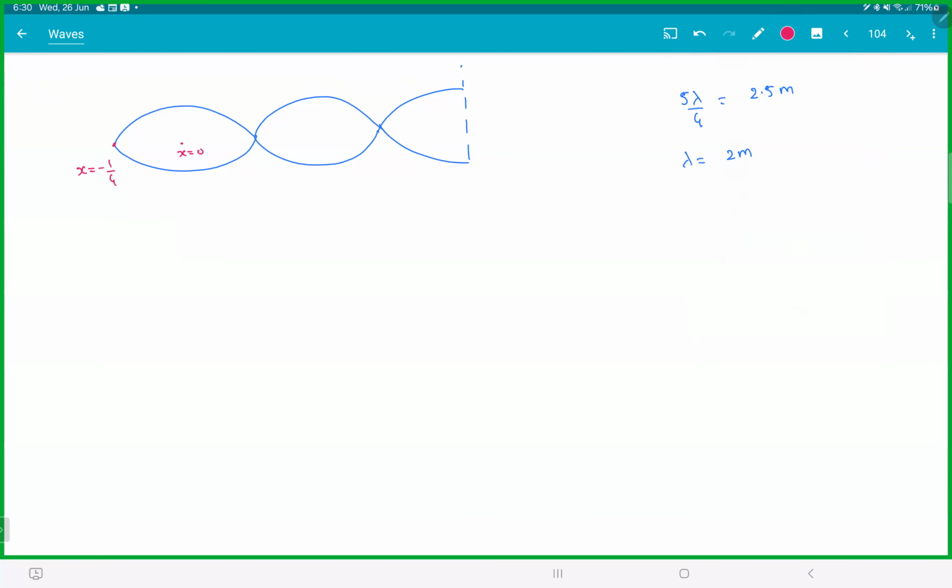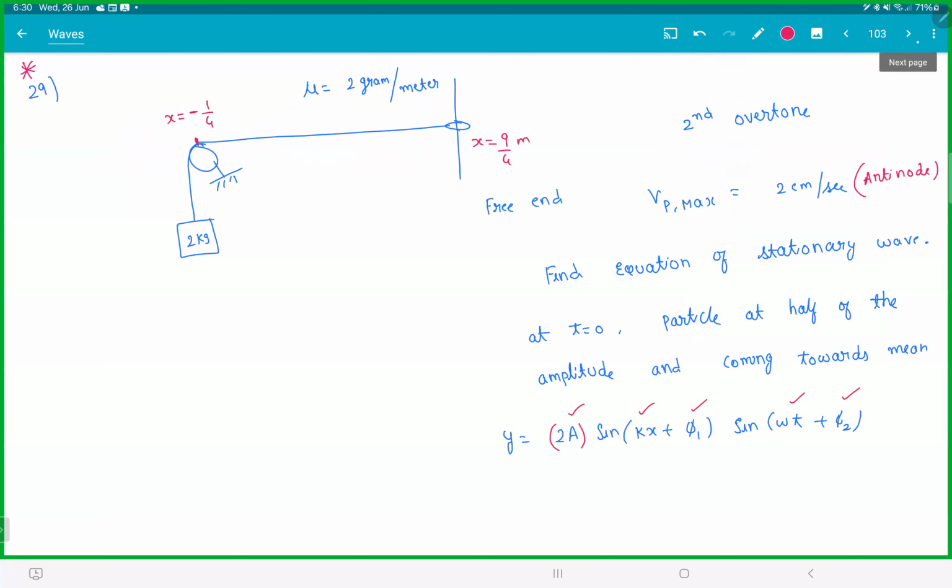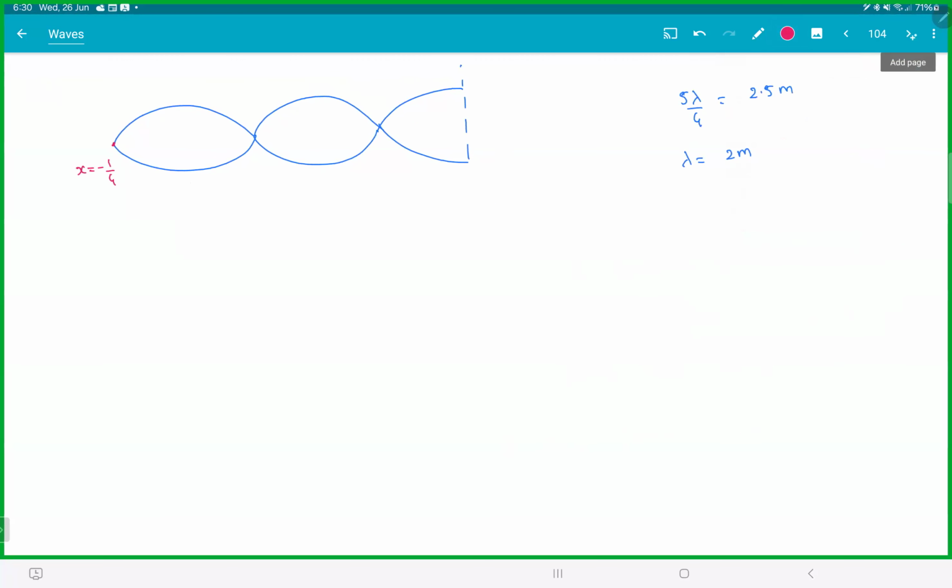Lambda by 4, na? So that is 2.25. This guy would be how much?